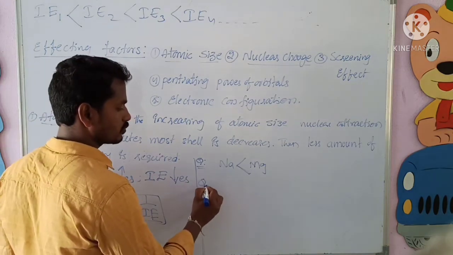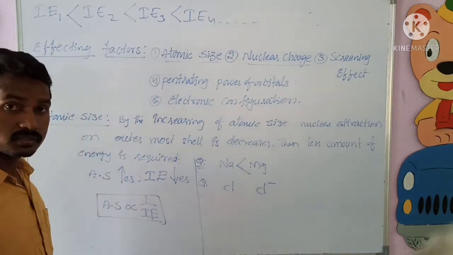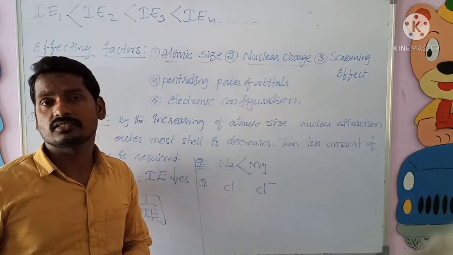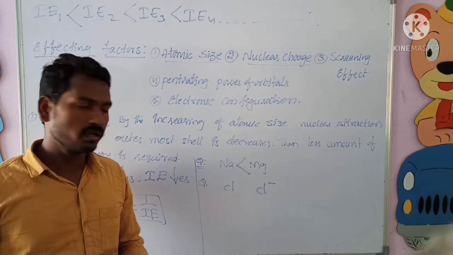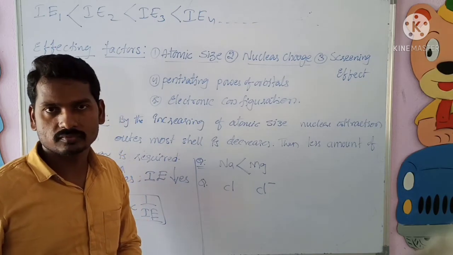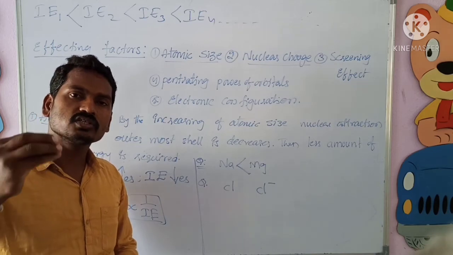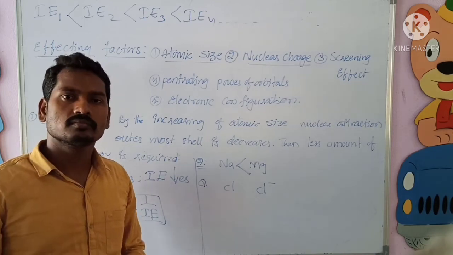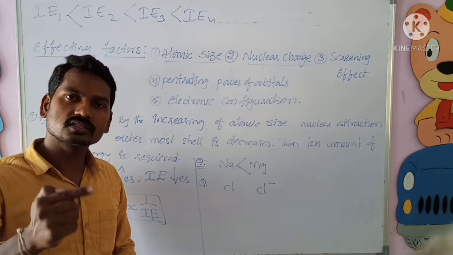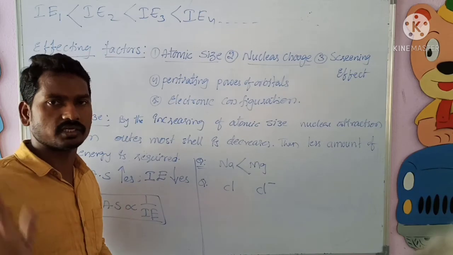The next one, Cl and Cl minus. In the previous class we discussed ionic size variation. This is a neutral atom, and this is an ionic species. In both cases, which has more size? By the increasing of negative charge on an atom, the size will increase.